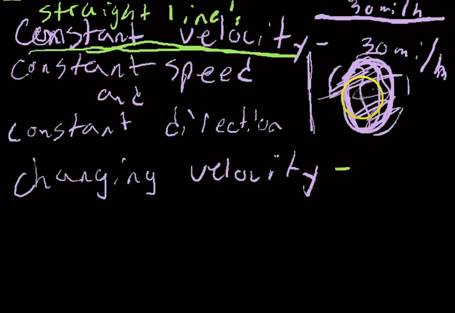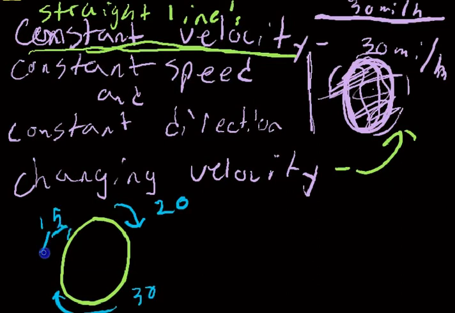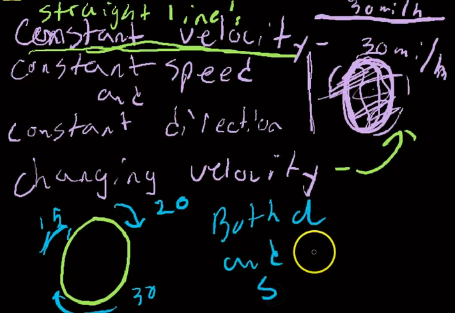So changing velocity would be like this example, because it's changing its direction or it's changing its speed. So if we have the car going in the circle, and let's say here he's going 20, here he's going 30, here he's going 15, right? At this section of the circle he's going 15. So he's changing both D and S, direction and speed.